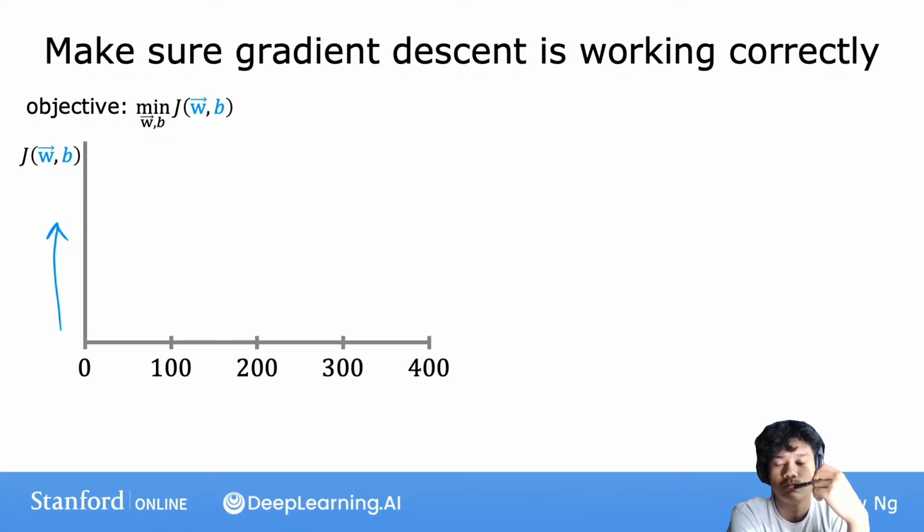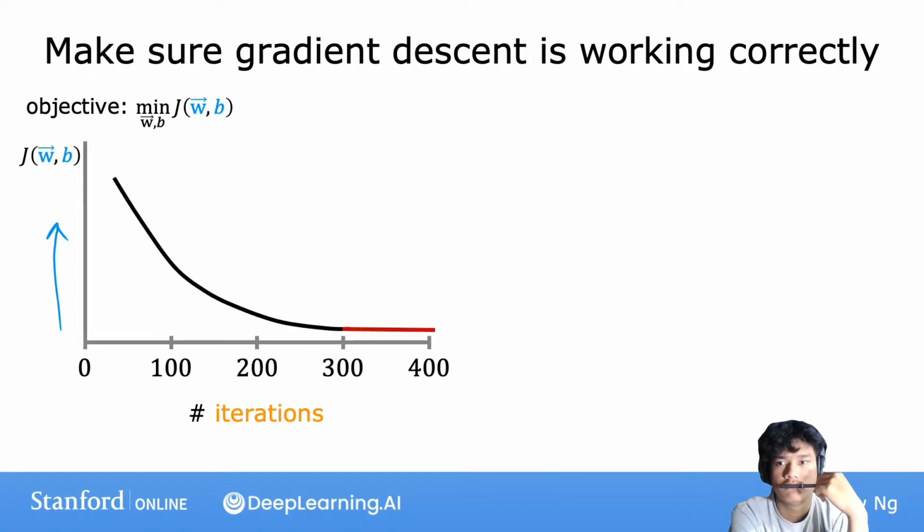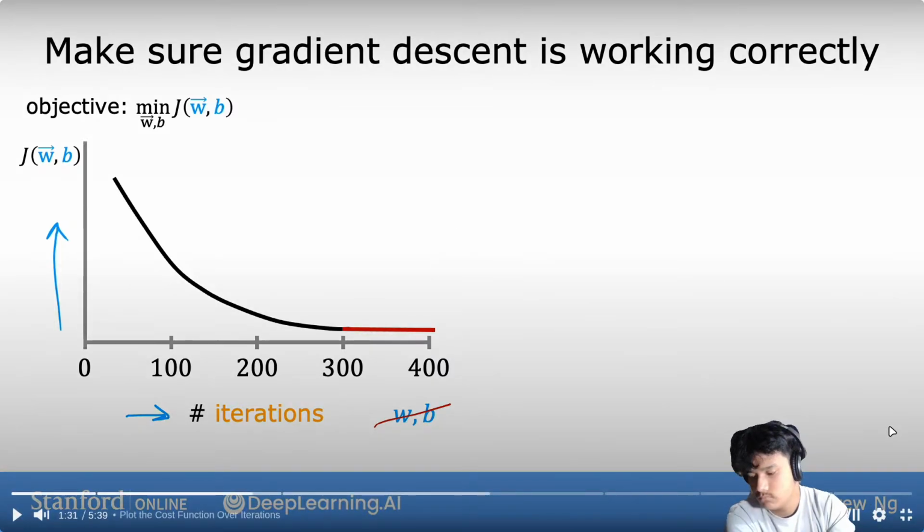Remember that each iteration means after each simultaneous update of the parameters w and b. So in this plot, the horizontal axis is the number of iterations of gradient descent that you've run so far. And so you may get a curve that looks like this. Notice that the horizontal axis is the number of iterations of gradient descent and not a parameter like w or b.